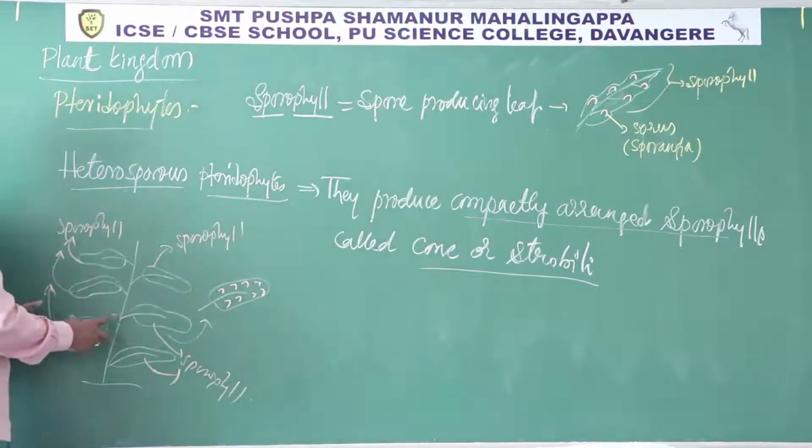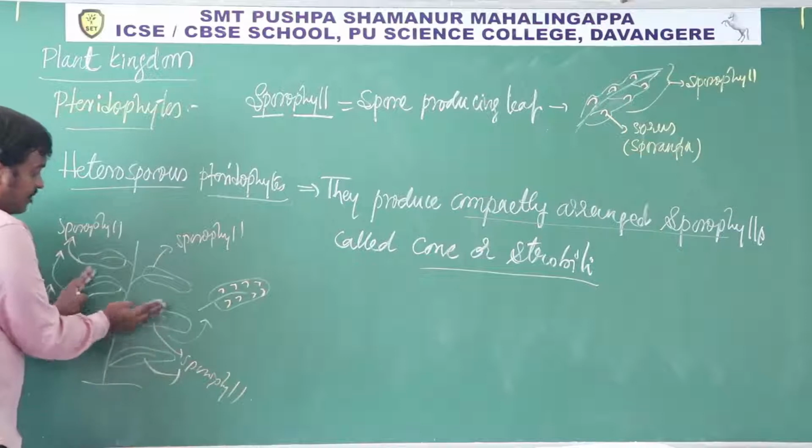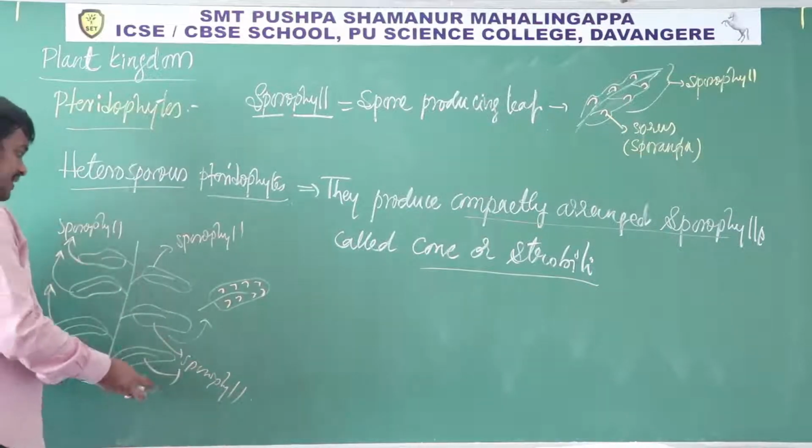Just imagine, suppose this is a heterosporous pteridophyte; all these sporophylls are compactly arranged. How are they arranged? Let's see.